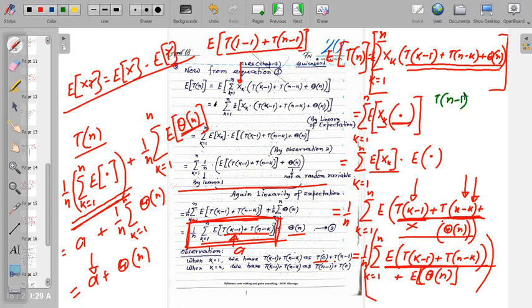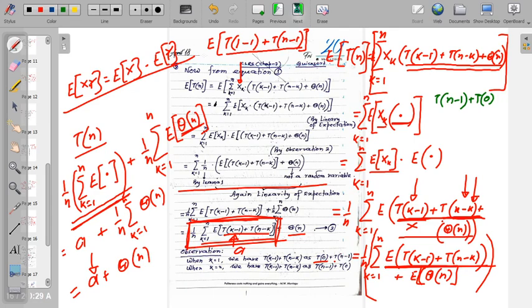And n minus k, what will that be? T0. So you see, if I put k equals to 1, it is becoming T0 plus T n minus 1.